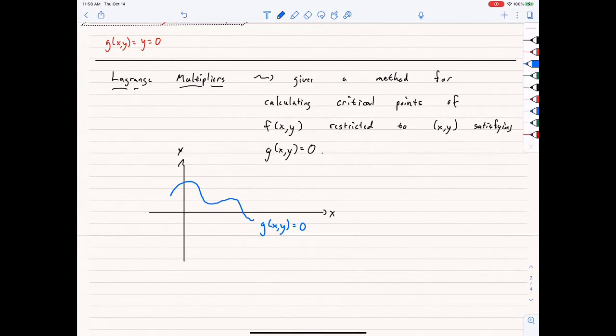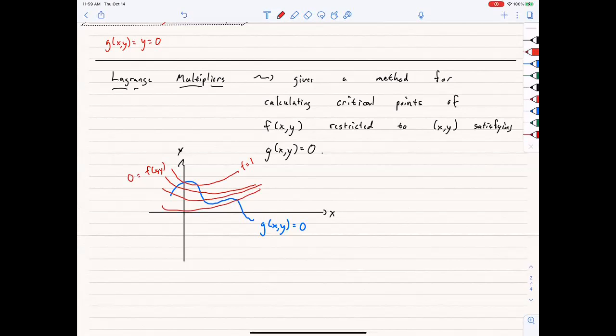To do that, one way of thinking about that is to draw the contours of f. So let's say f has some contours that look like this. This will be a contour of f of xy equaling 0 itself. And we draw the other contours of f. So this contour is f of xy equaling 1, and maybe we have some other ones going here.